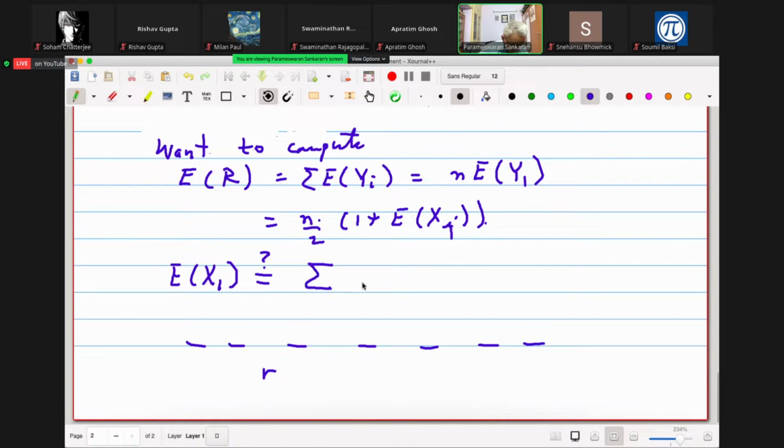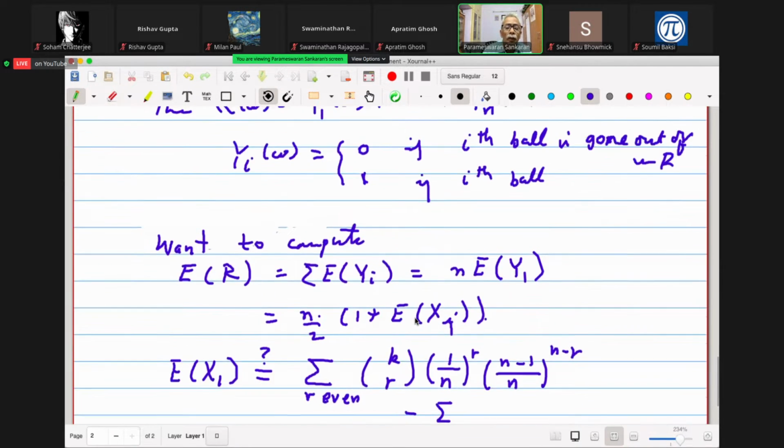Summation, let me write this: k choose r, 1 by n power r, and n minus 1 by n to the power k minus r, with r even, and then minus, let me just write that.